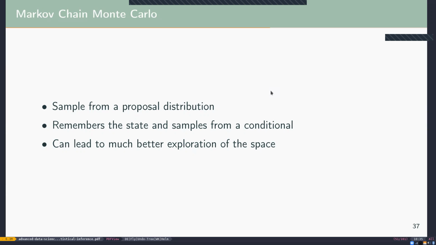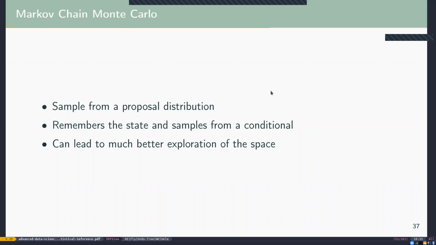So the notion of a Markov chain Monte Carlo is this. Instead of doing what we did before, where I'm just going to draw samples from one distribution independently and then do something with them, can we have a sense that if I draw a sample here, the next sample is related to where I drew the previous sample? So I formulate a chain of things instead.